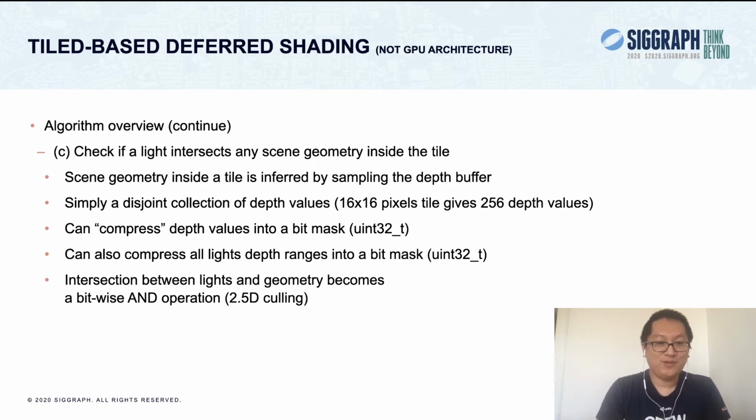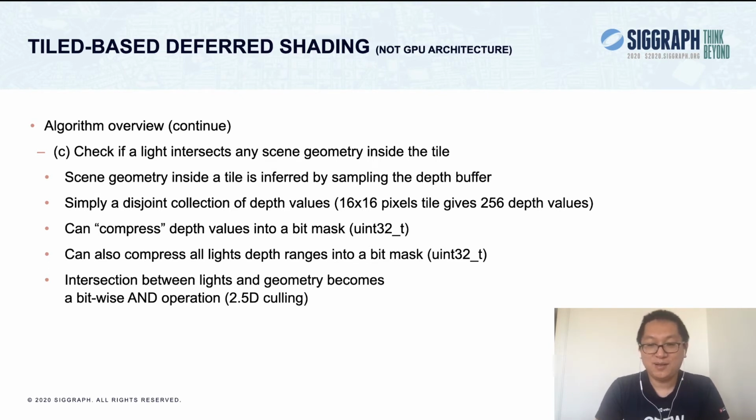Okay, then the third one is we need to check if a light intersects any scene geometry inside the tile. The scene geometry itself can be inferred by just sampling the depth buffer. But the depth buffer is simply a collection of depth values.